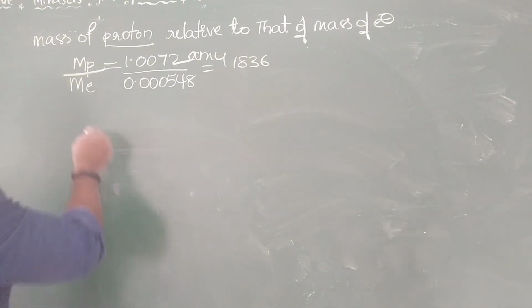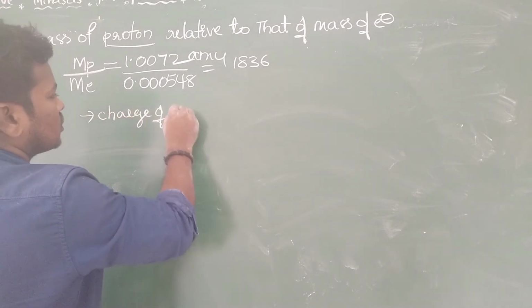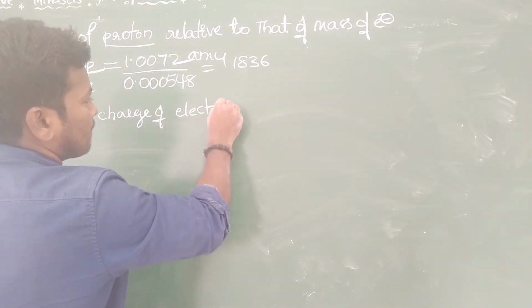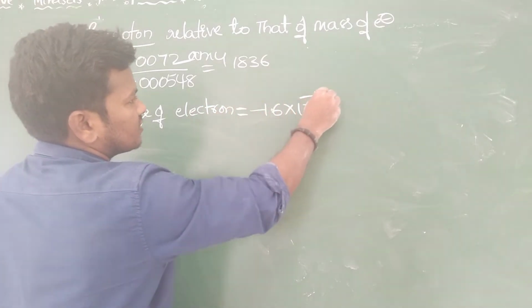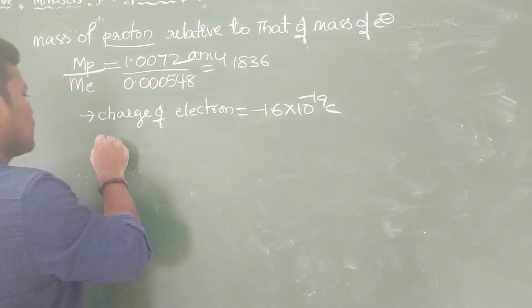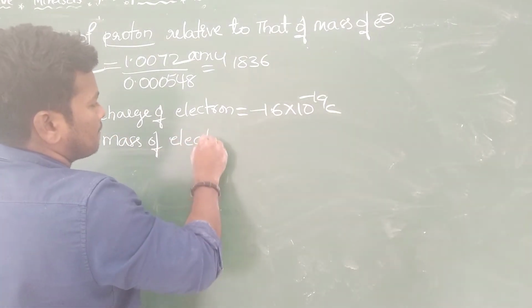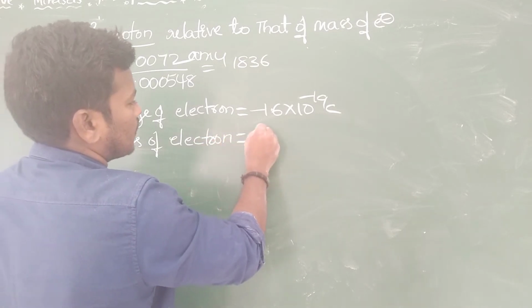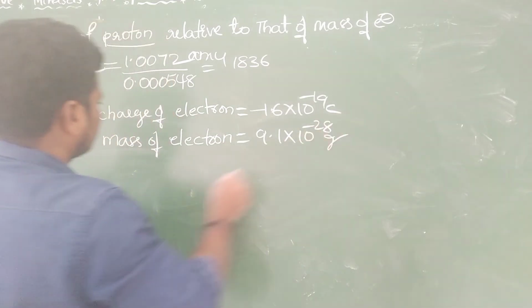So we know that the charge of the electron is minus 1.6 into 10 to the power of minus 19 coulomb. Mass of the electron is 9.1 into 10 to the power of minus 28 grams.